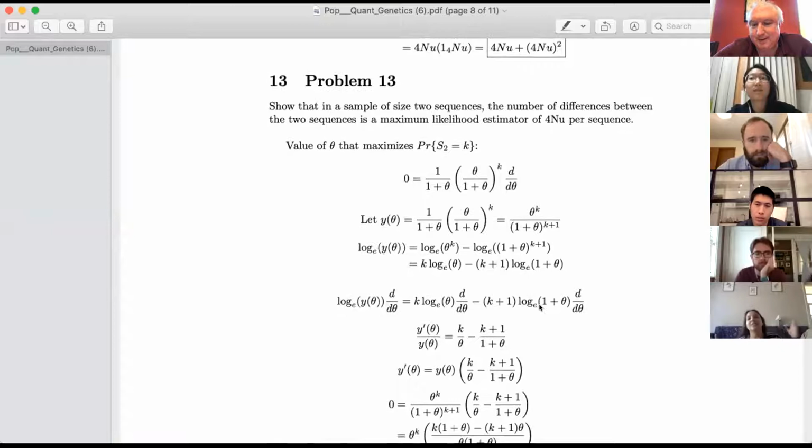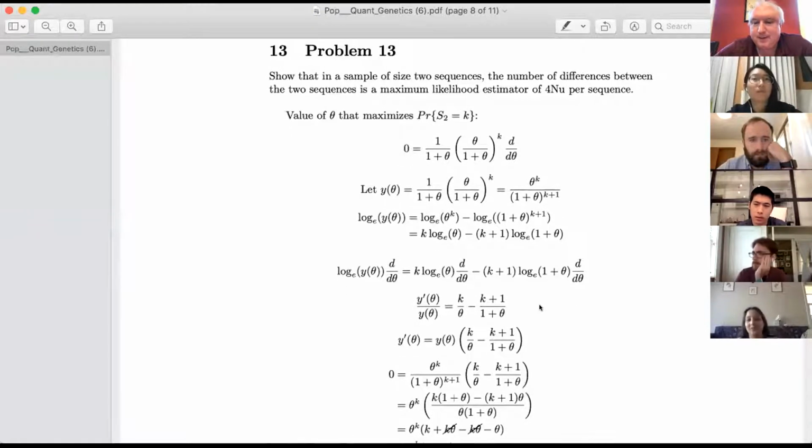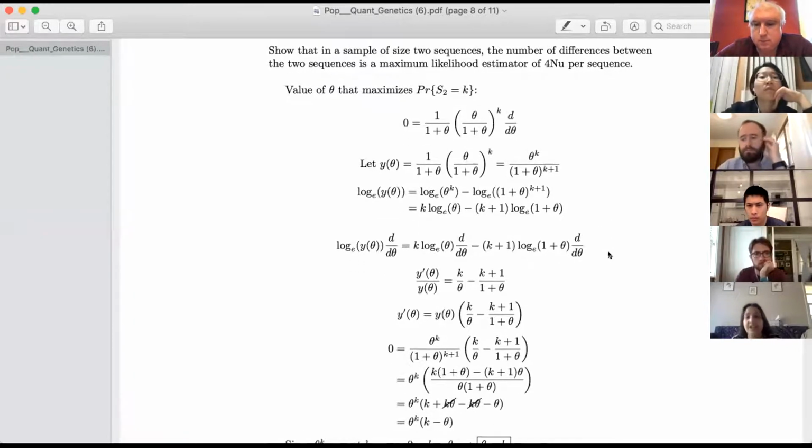Yeah. So for this problem, like everybody else said, we're looking for the value of theta that maximizes this probability. But if you use log differentiation, because the log of a over b is log of a minus log of b, you can use that to break this up into two log terms and then use the chain rule.